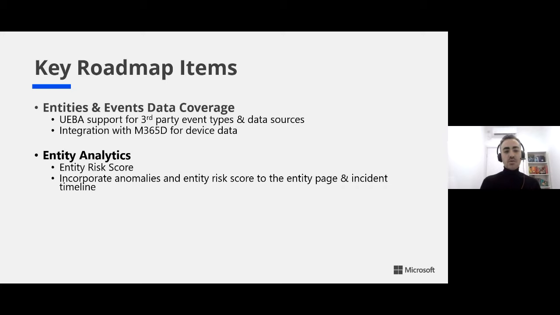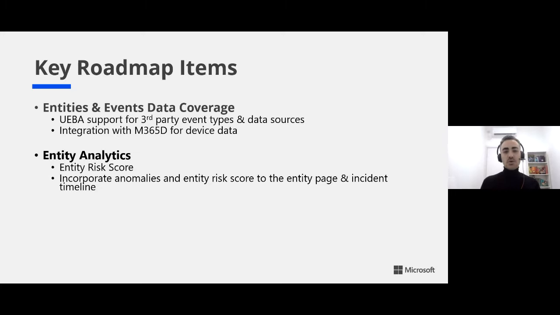Other than that, we also have the entity analytics that we want to do a great job at. A major project that we're working on is the entity risk score. It's very important for us because we know it will really improve the experience of using UEBA within Sentinel.